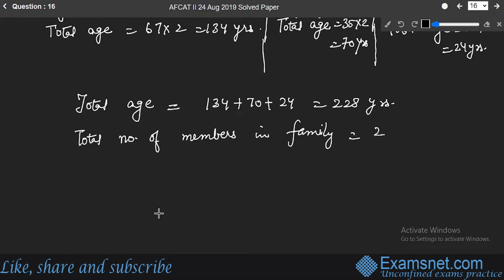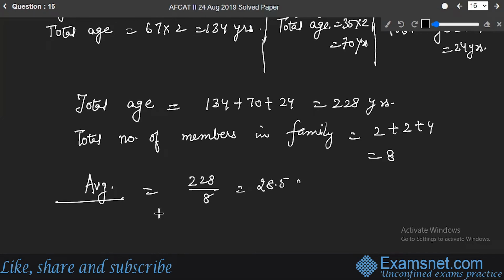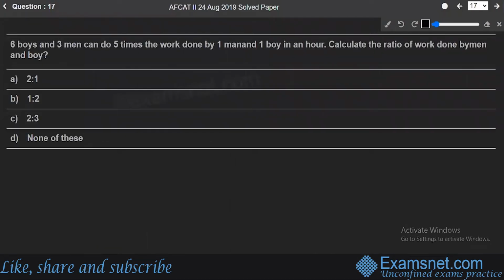So this was 2 for grandparents, 2 for parents, and 4 for grandchildren. So this will be 8. Correct. Now, easy to find out average. It will be total age, that is 228 divided by 8, which will be 28.5 years. Hope this is clear. Let's move to next question.